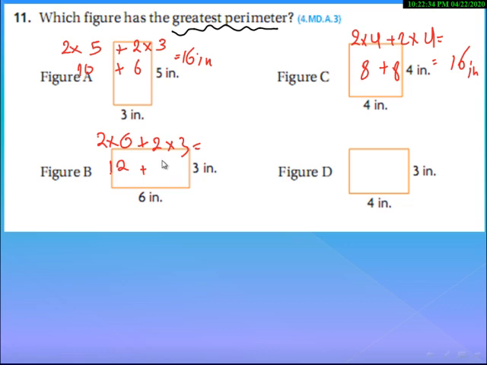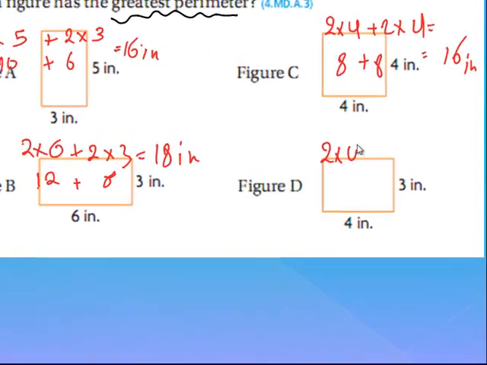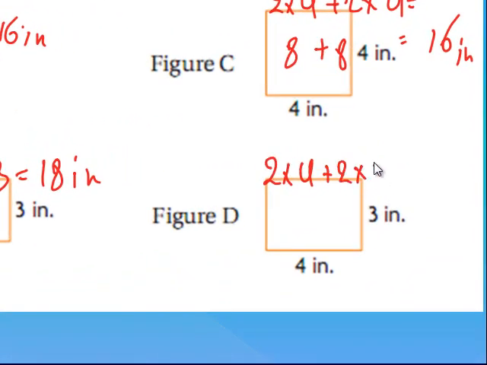Plus 3 multiply 2 equals, of course, 6. So the final answer is 12 plus 6, 18. 18 inches. Figure D, 2 multiply 4 plus 2 multiply 3. 8 plus 6, 14 inches.